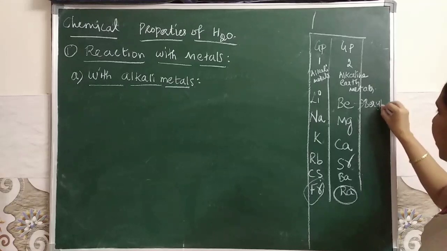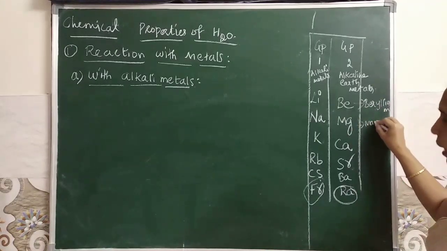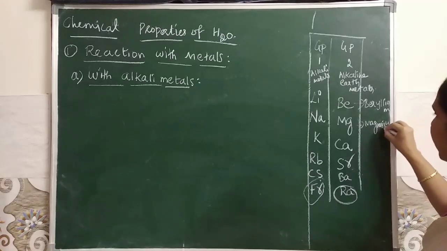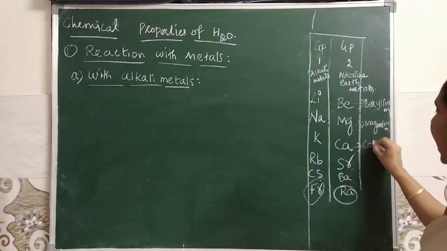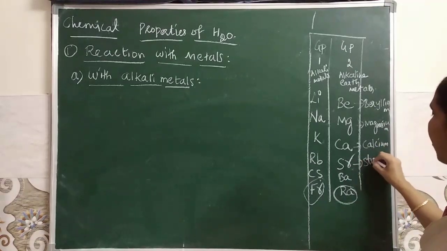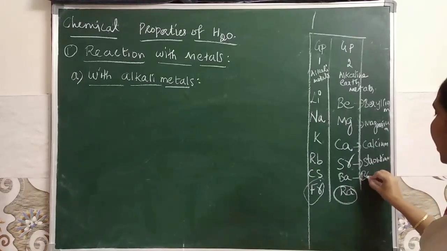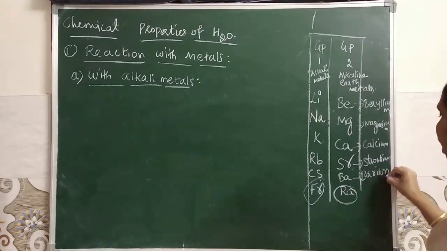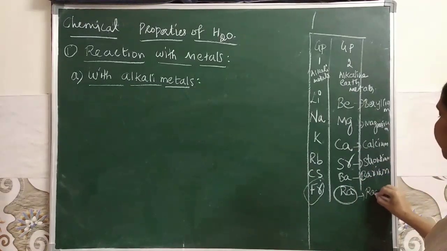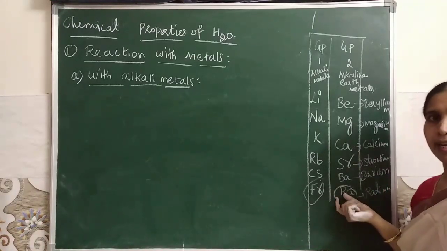Be means beryllium, Mg magnesium, Ca calcium, Sr strontium, Ba barium, Ra radium. From the name itself you can know radium is a radioactive element.